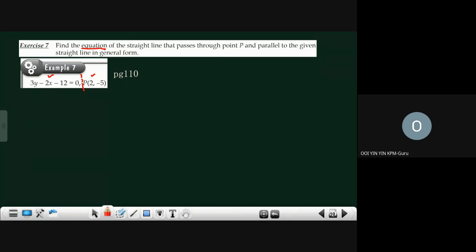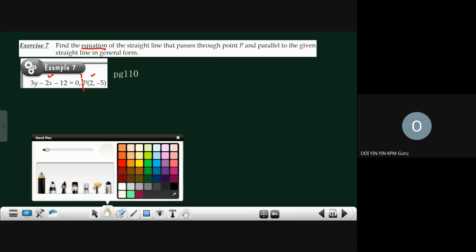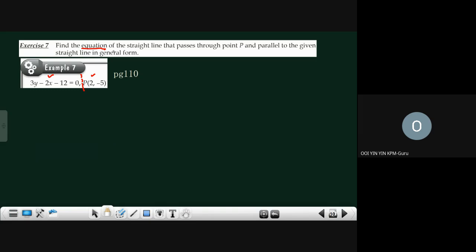As I told you many times, to find the equation for a straight line means y equals mx plus c. We want this thing. There is one formula, if you have the gradient and a point.